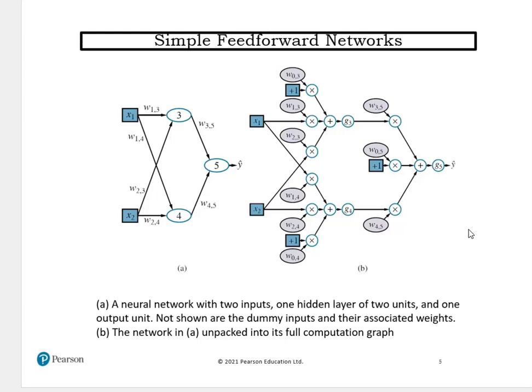Now, the more difficult case is getting the derivative of the loss function with respect to the weights of the hidden layer, W13, W23, and so on. Here we have to apply the chain rule. Essentially, first we have to get the derivative with respect to this weight, and then use the chain rule to link this derivative to the derivative with respect to the weights we're interested in.